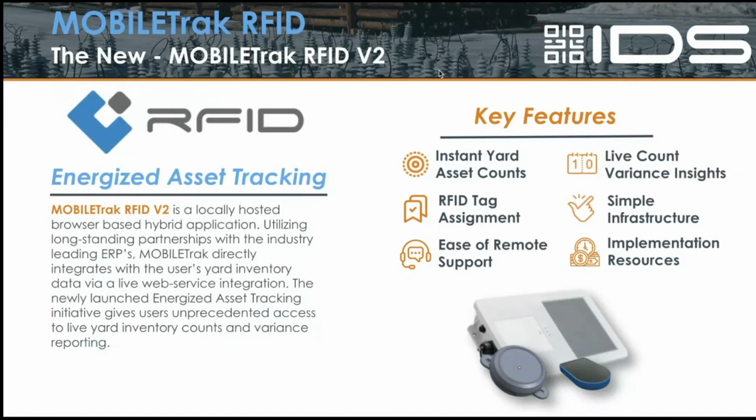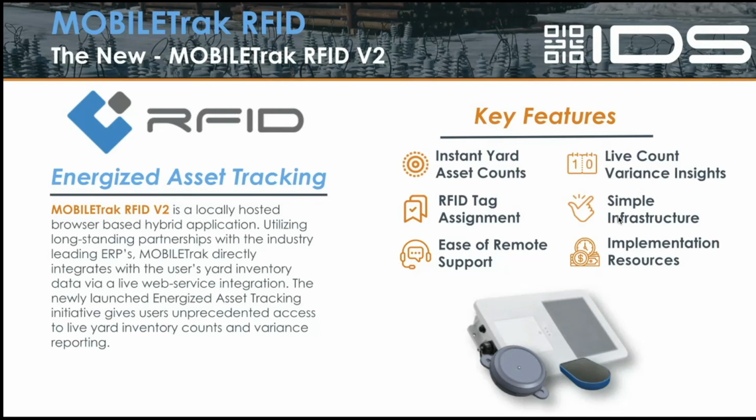All right, so what is V2 and what are we doing with it? Like I said earlier, the technology was prohibitive in the past for both cost and other reasons. Now we shift into the future, into 2024, and we've started utilizing BLE technology in the form of beacons, right?